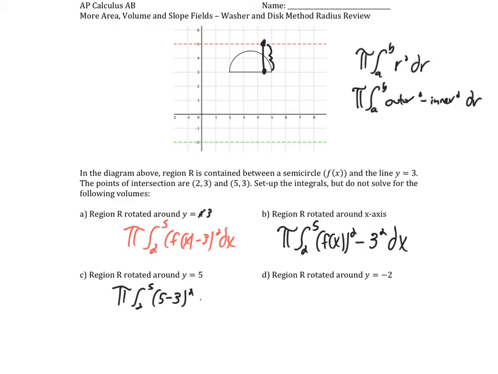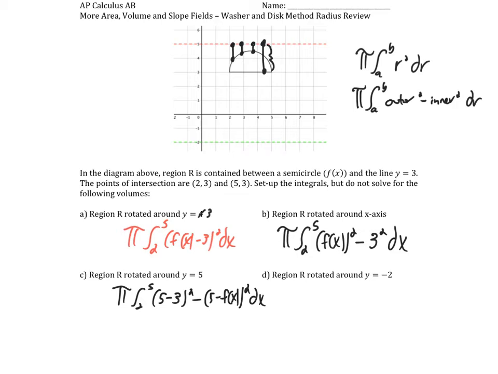And then we're going to subtract from it my inner radius, which is going to be from my axis of rotation, 5, to the function f of x. How would you define that distance? From here to here, there to there. It's always going to be 5 minus f of x, and then we don't forget to square it. I'm running over into part D here.